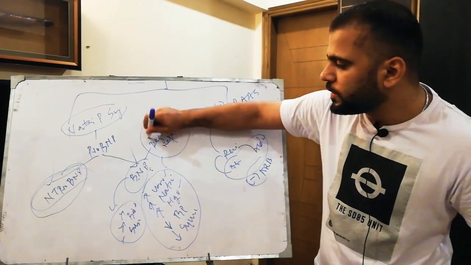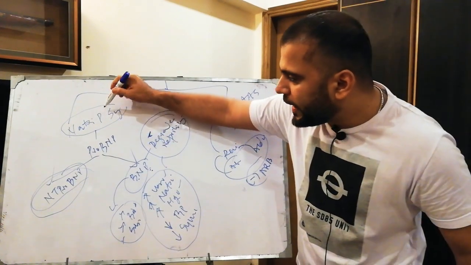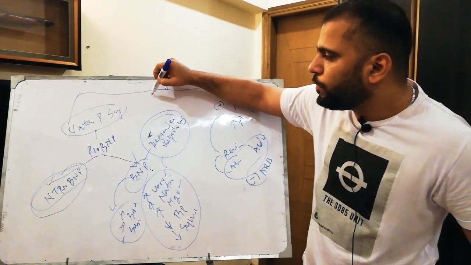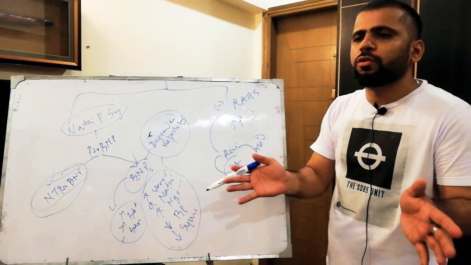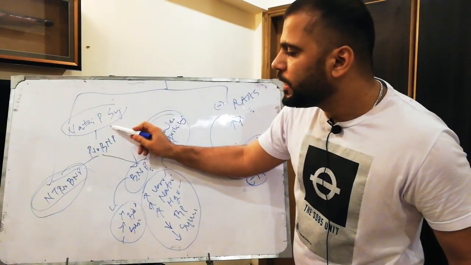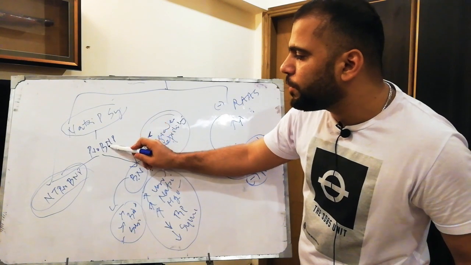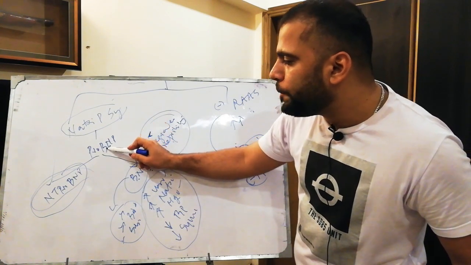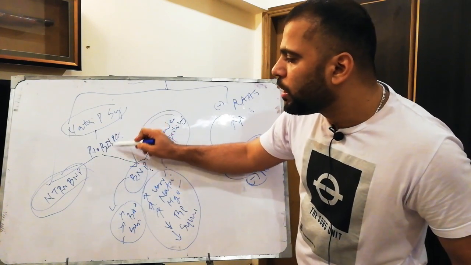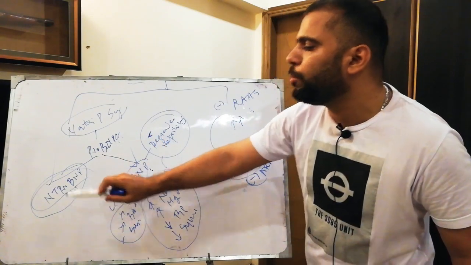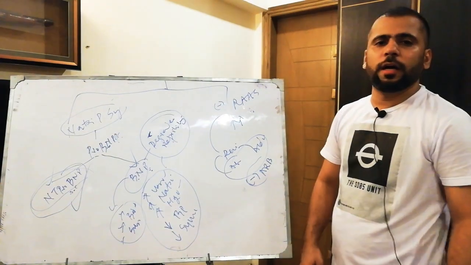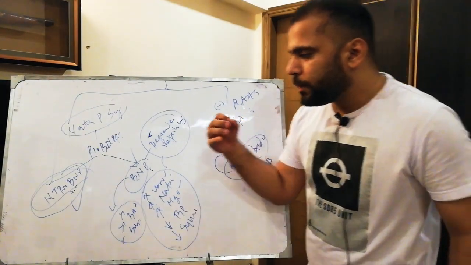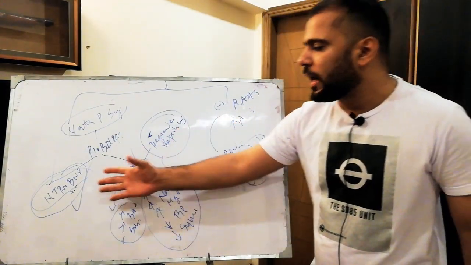this neprilysin. As your patient has heart failure, there is more stretch on the atrial tissue, and it secretes the natriuretic peptide system and pro-BNP, and if pro-BNP is released more, then you get more NT-pro-BNP. So NT-pro-BNP gives us a true measurement and a true picture of the heart failure.